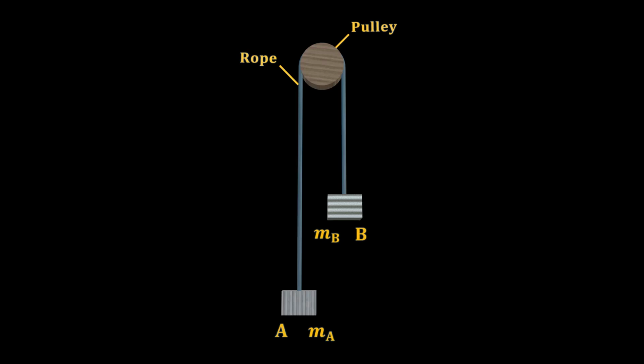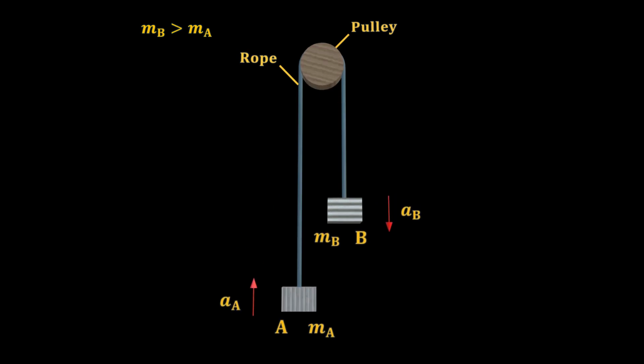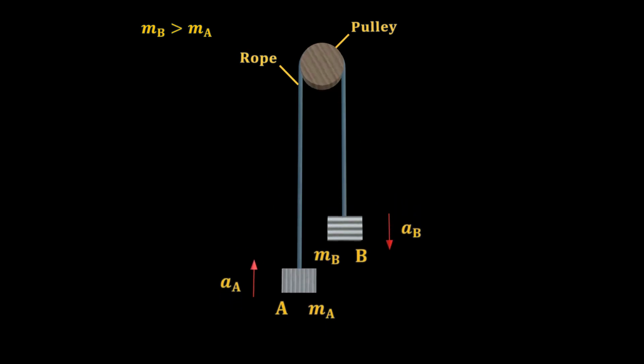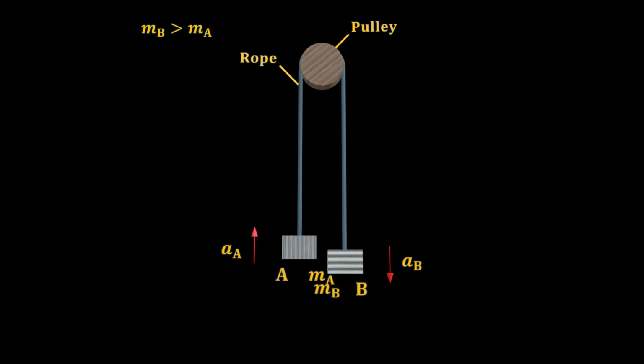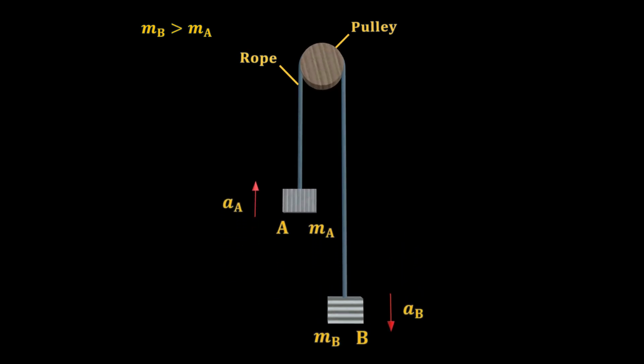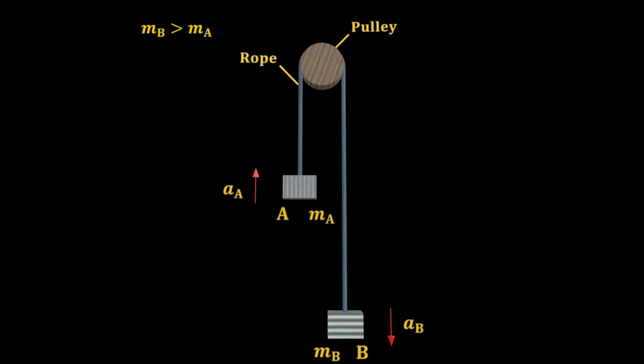One of the objects is called object A with mass MA, and the other one is called object B with mass MB. When released from rest, if MB is greater than MA, then object B accelerates downwards with acceleration AB, while object A accelerates upwards with acceleration AA.